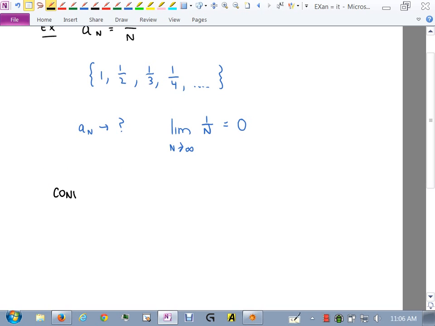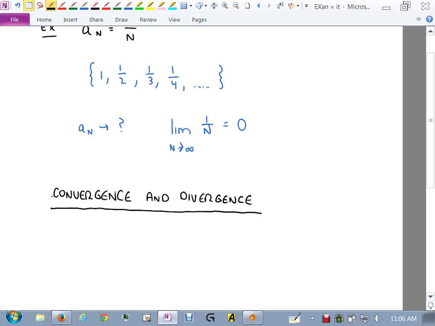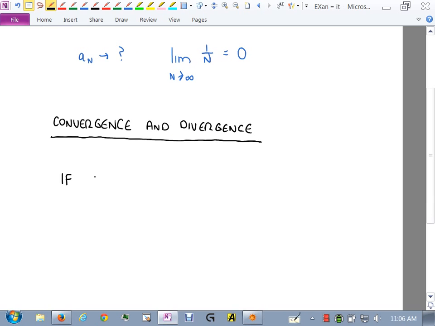Convergence and divergence. So if a sub n goes to L with L finite, what do I mean by finite?